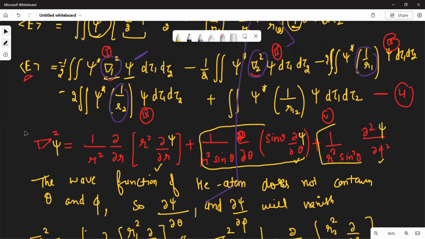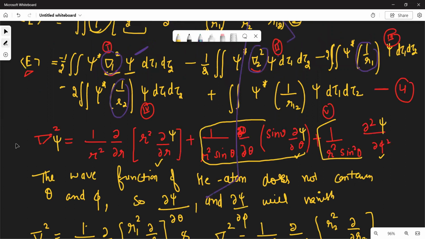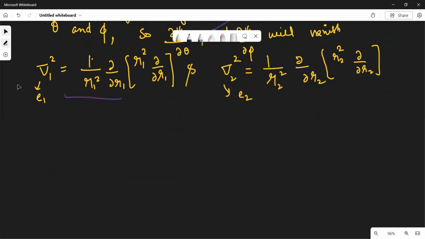Okay, so let me write the expression for the first integral. I'm representing it by I1. So I1 represents the first integral, which is equal to minus 1 by 2 double integral psi star del 1 square psi d tau 1 and d tau 2. Now we know the value of psi star and psi.